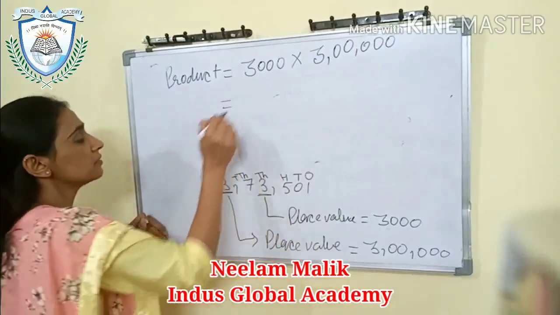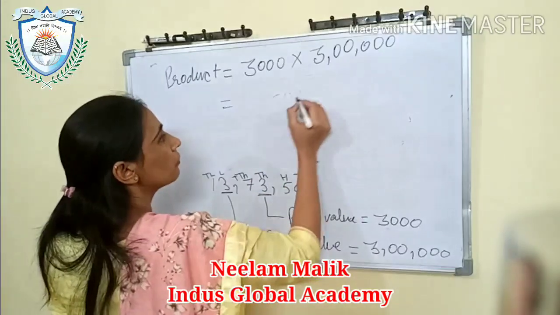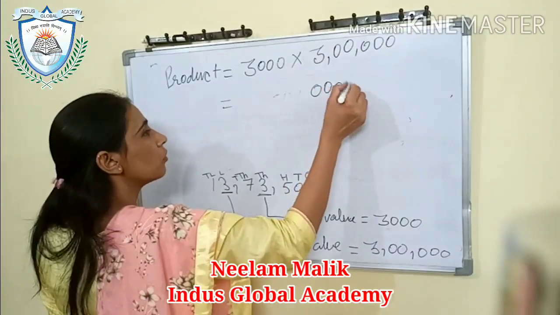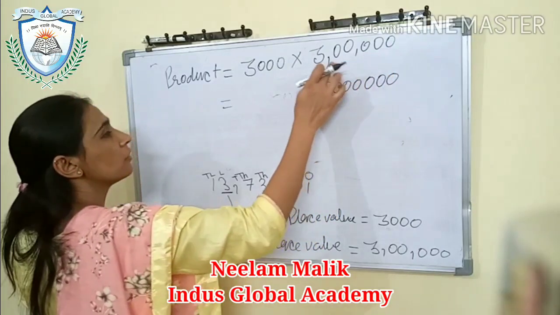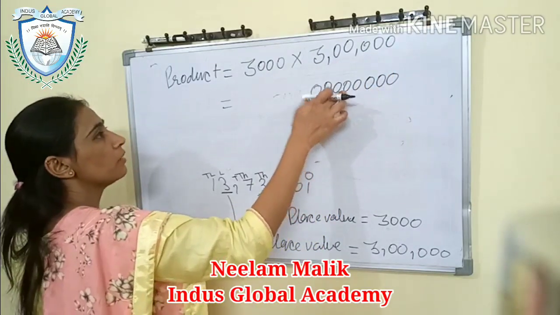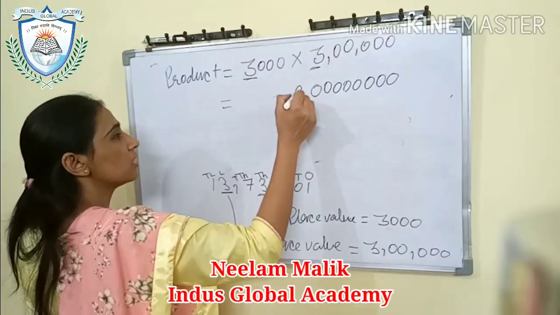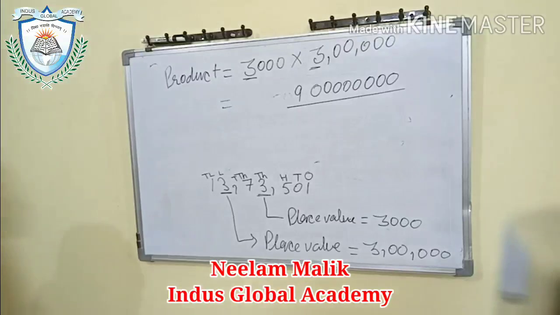How to multiply this? 1, 2, 3, 4, 5, 6, 7, 8. Then 3, 5, 5 and these 3. Multiply this. What is left? 3 3s are 9. So this is the product of your place values.